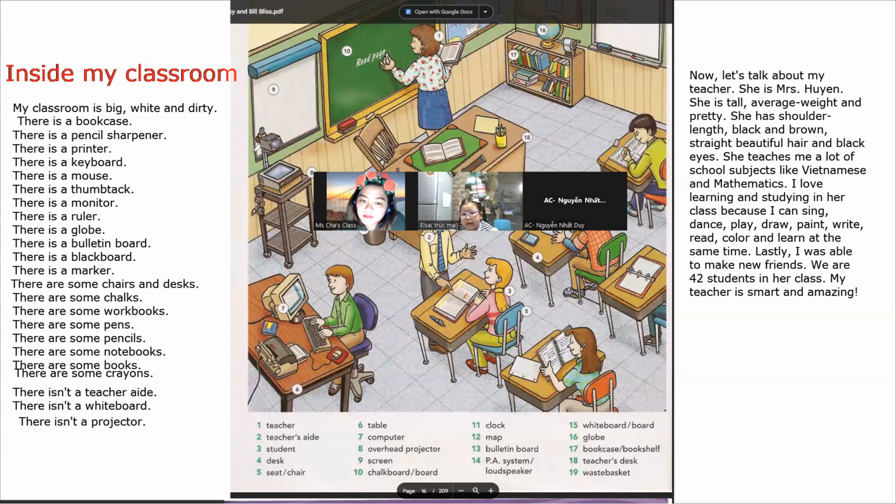I love learning and studying in her class because I can sing, dance, play, draw, paint, write, read, color, and learn at the same time. Lastly, I was able to make new friends. We are 42 students in her class. My teacher is smart and amazing.